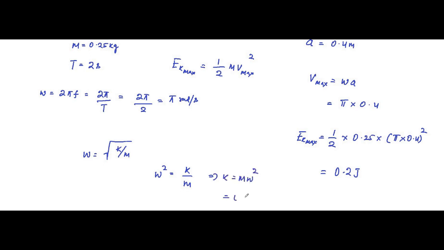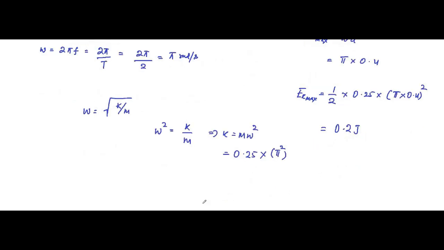So here it will simply be equal to 0.25, that is the mass, × ω², which is π², because ω is π. That value is coming around 2.4649. Rounding it off, we can say 2.5 Newton per meter, that is the force constant.